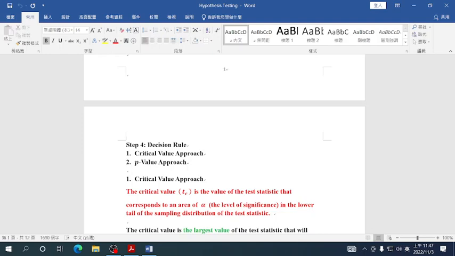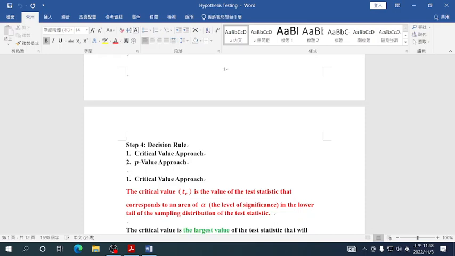Because you don't have to check with the critical value. But you have to know what the critical value is. If I give you assignments, I can ask you for both ways, right? And you should know how to do both ways. Okay?